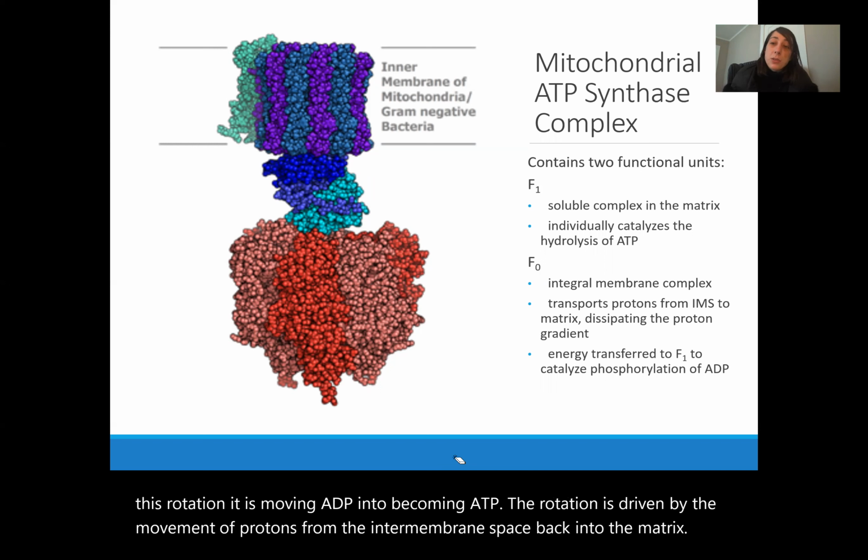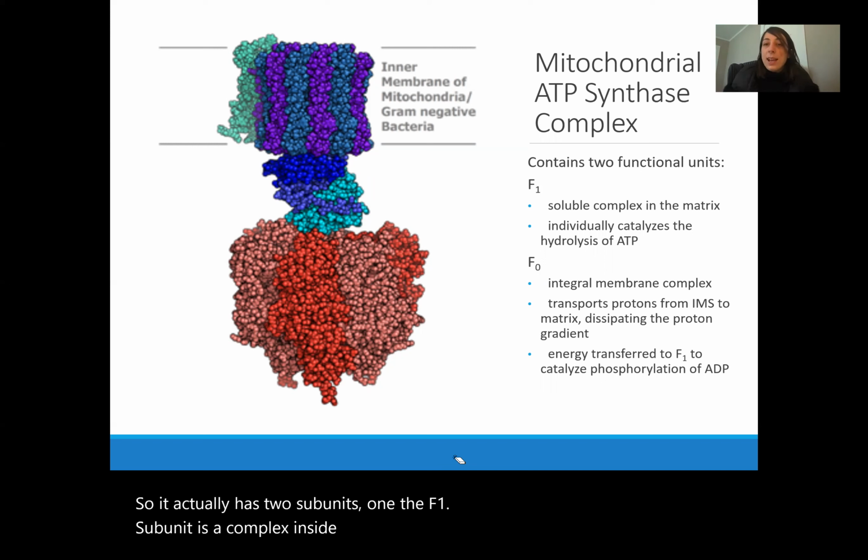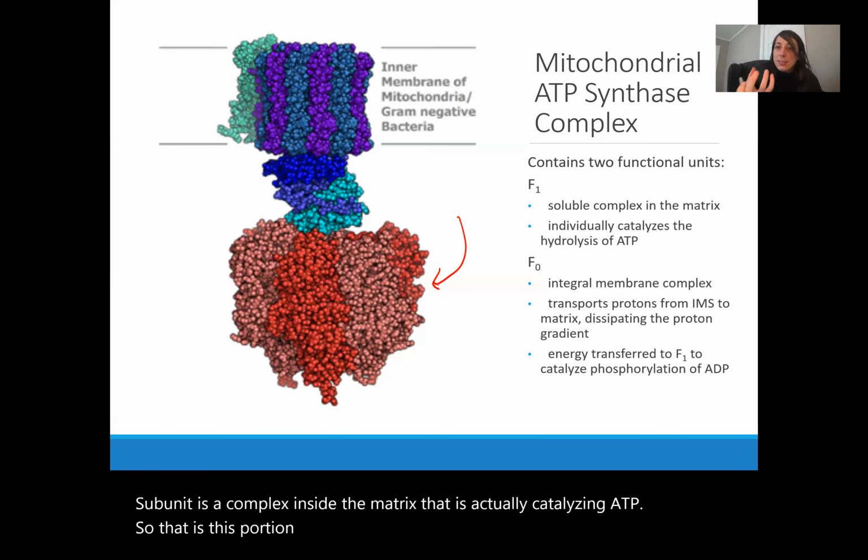So it actually has two subunits. One, the F1 subunit, is a complex inside the matrix that is actually catalyzing ATP. So that is this portion here. It sits actually inside the matrix, and that's where the ATP is generated.